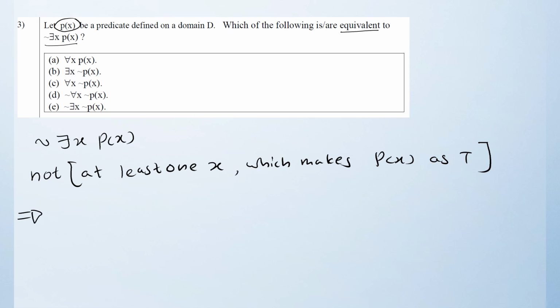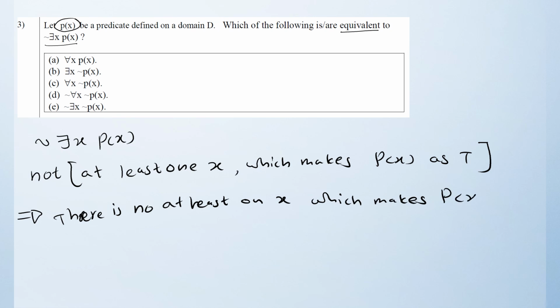Furthermore, we can rewrite this as there is not at least one x which makes P(x) true.